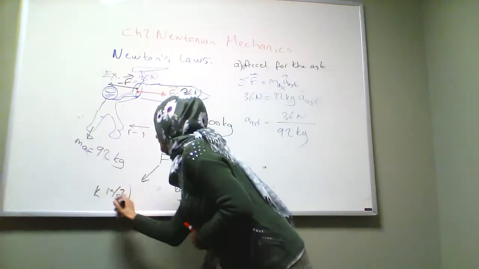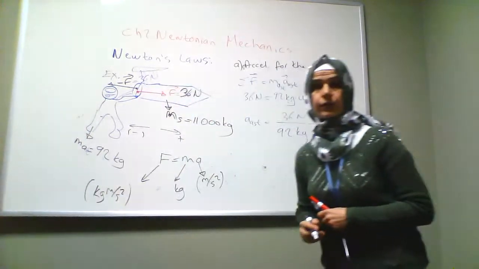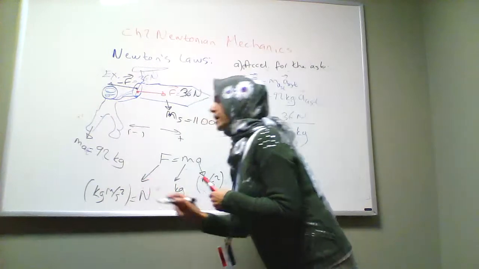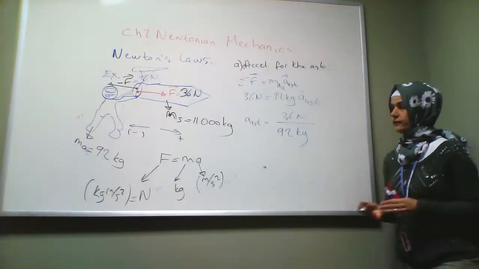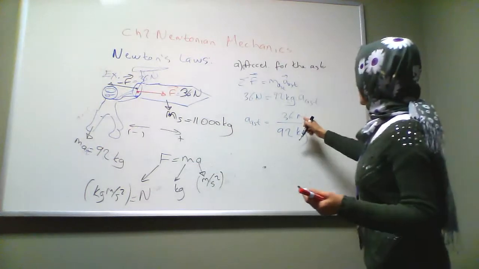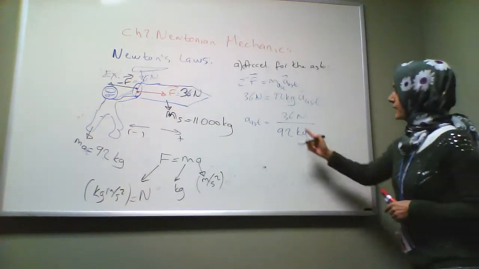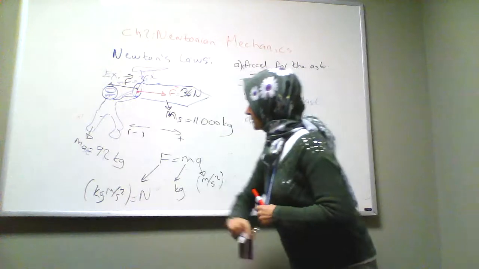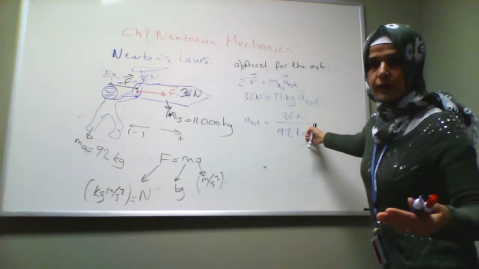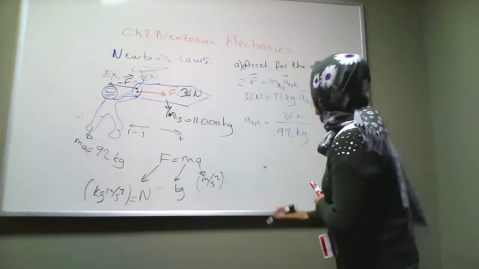Let me put this in here. Kilogram meters per second squared, MKS units. And this is called Newton, and the name of the founder of this equation and law, Newton's law. So this Newton is the unit of force, and it's actually kilogram meters per second squared. When I divide it by kilogram, I will get the unit for acceleration, meters per second squared.